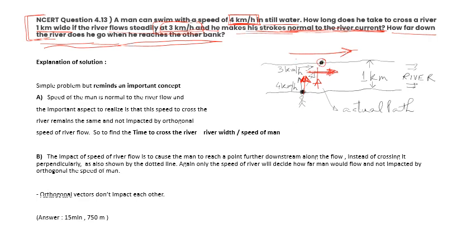So they are asking you to find this distance. The man is trying to swim normal, but the stream is taking him down. So what they're asking is how far will he slip down and reach the other side? So this is the distance being asked.